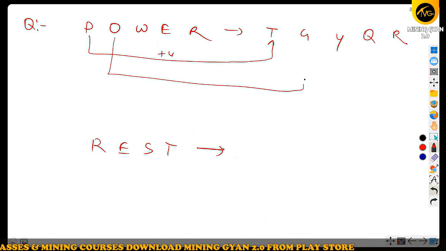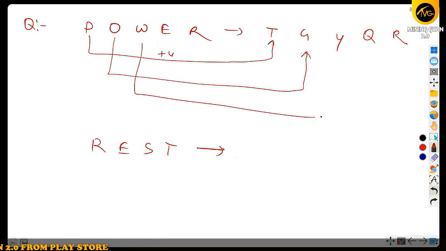Now similarly O, MNOPQRST, there is no connection with G. Similarly W, X, Y, UVWXY, plus 2. Now the E and Q, E is 5 and Q.